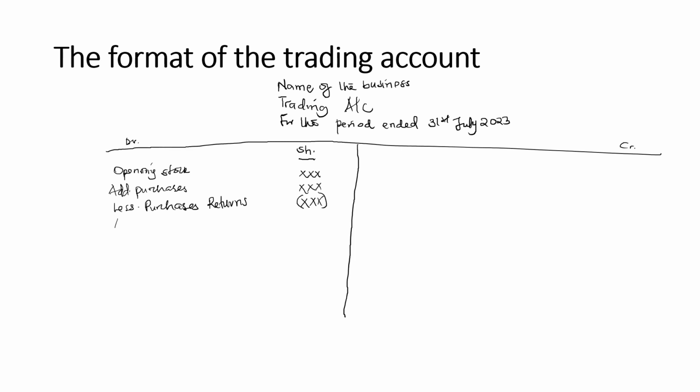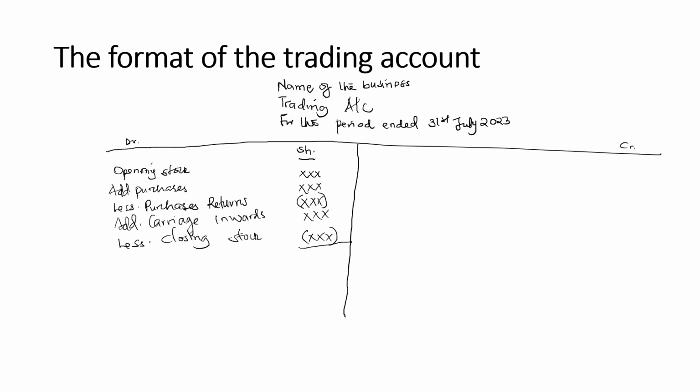Then we can also add the carriage inwards. How much is the carriage inwards? A given amount there. Then we less the closing stock. How much is the closing stock? We're subtracting that.